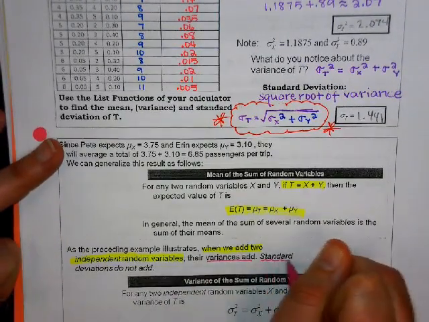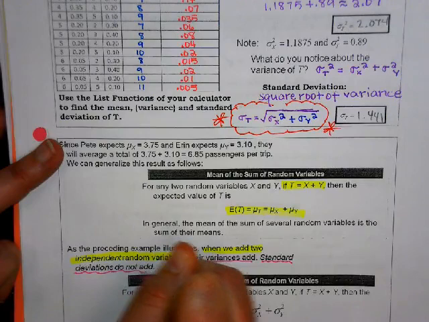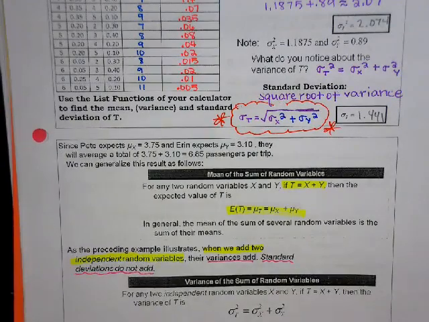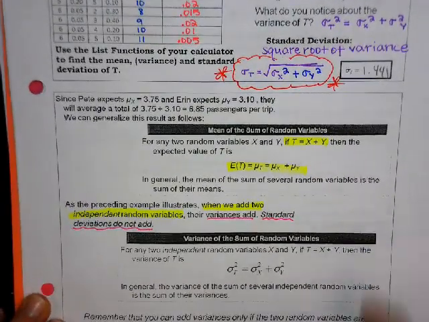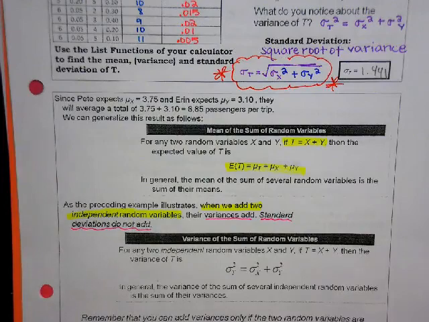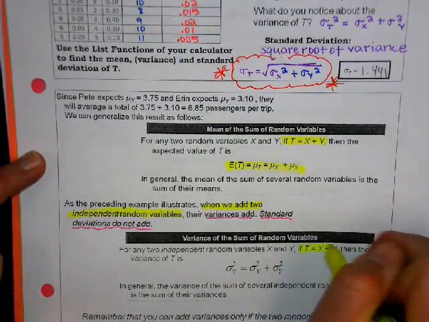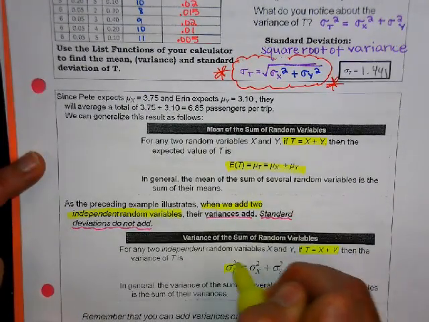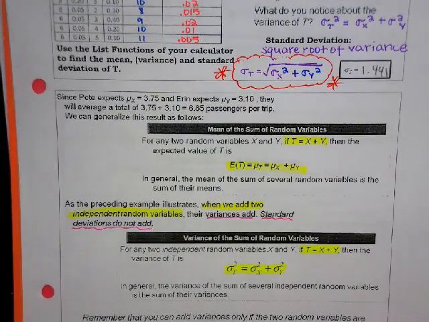So again, if T is defined as X plus Y, we can find the variance of T by adding the variance of X plus the variance of Y. And once we have the variance of T, we can square root it to find the standard deviation.